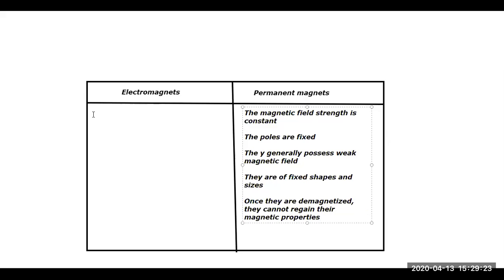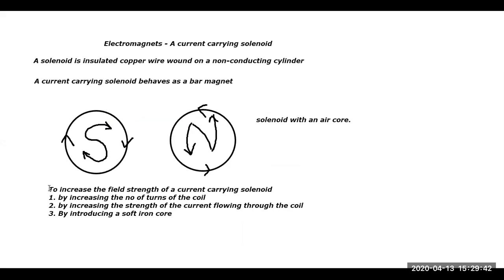Whereas if I come to electromagnets, what all are we going to talk about? So beautiful. The magnetic field strength can be varied. How can you vary it? Go back to the previous page. How did we vary it? We varied it by three different cases, isn't it, children? By varying the number of turns, by varying the strength of the current, and by introducing a soft iron core.